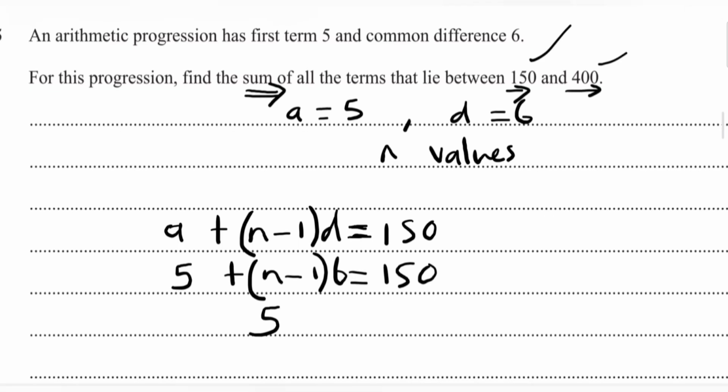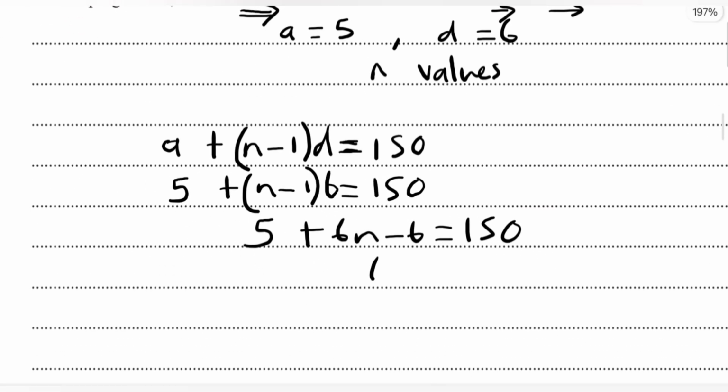So 5 plus 6n minus 6 is equal to 150. 6n is equal to 150 plus 6, that's 156 minus 5. 156 minus 5, that's 151, right?